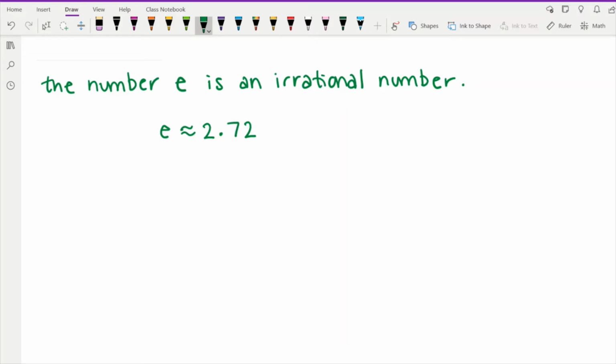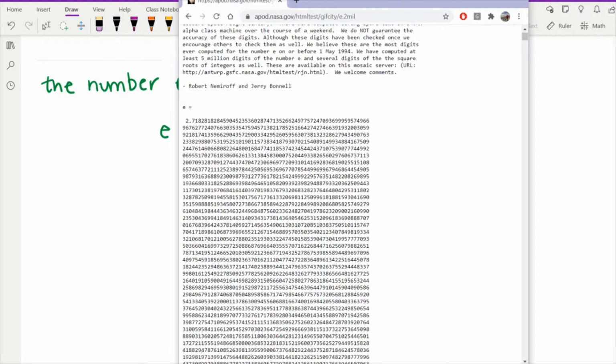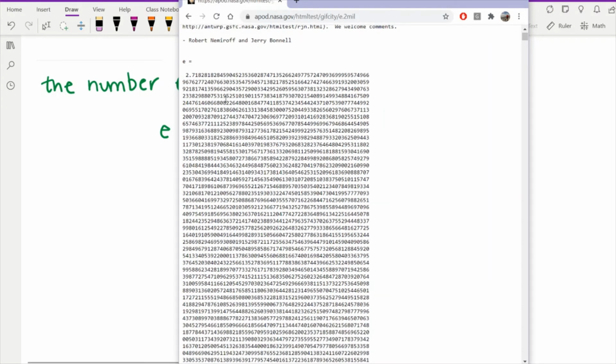However, just like with pi, that is not actually an accurate representation of e. So I found this website that actually lists out the first 2 million digits of e. I just want to show you, to really convince you that e is approximately 2.72, but that's not its actual value. If you look here, it says e is equal to 2.718, right? So that rounds to 2.72.